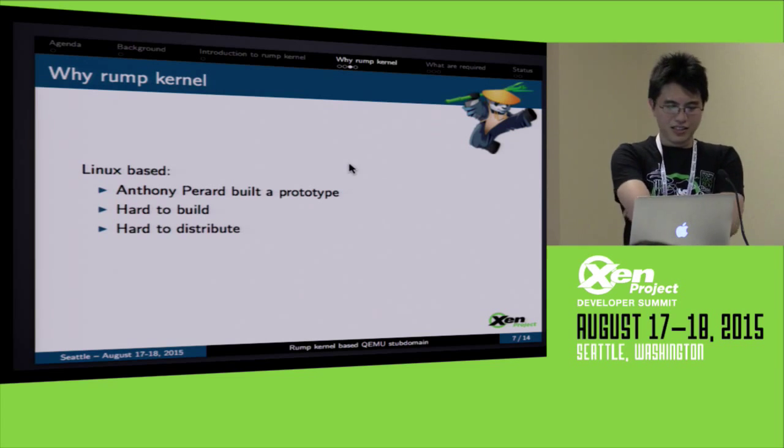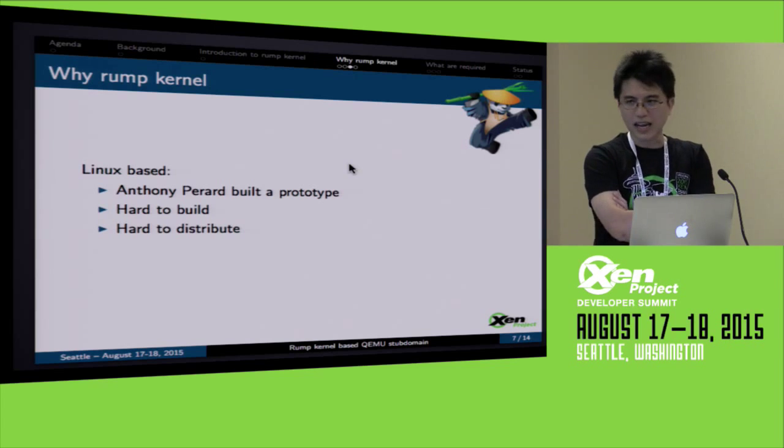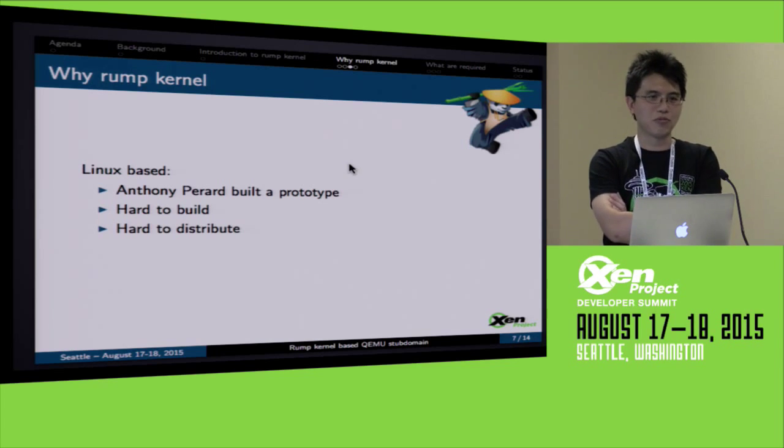And then the next solution we considered is the Linux-based solution. Actually, this idea is not that new. Anthony Perard, my colleague, built a prototype years ago, and people seem to still be interested in that.